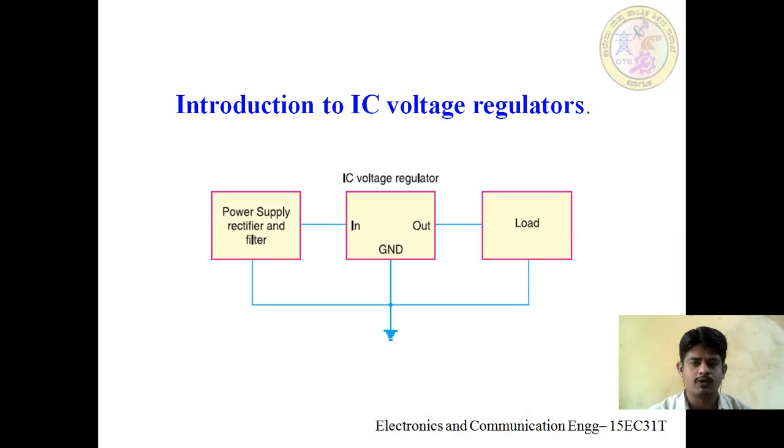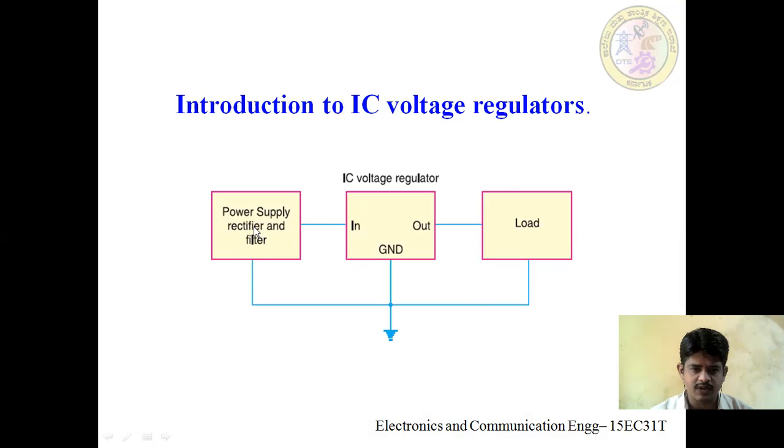First, we down convert the AC voltage by using the step down transformer. Then we feed it to the rectifier, which converts AC to DC, but it will be pulsating DC, meaning it will have ripples. Then we feed it to the filter for smoothing purpose. Then that output will be fed to the voltage regulator.